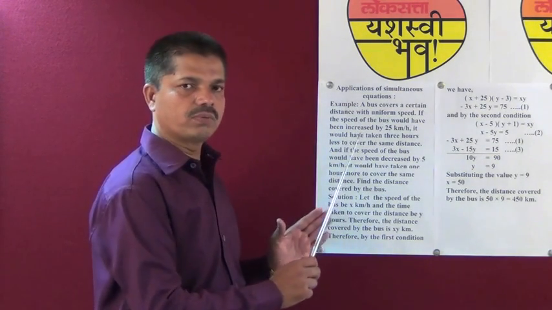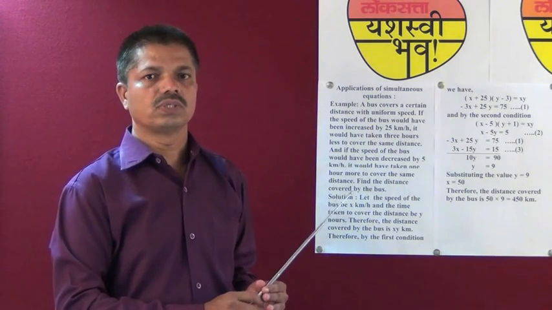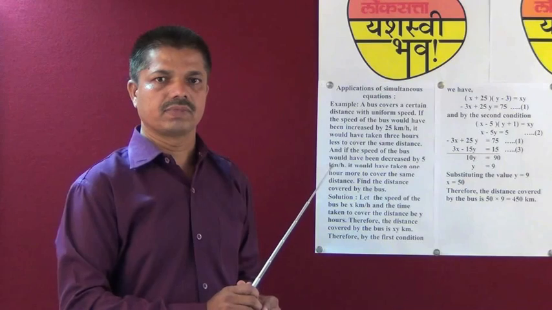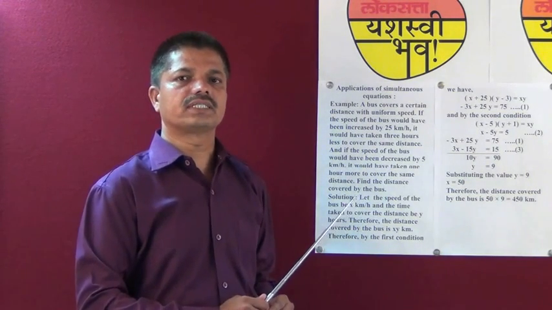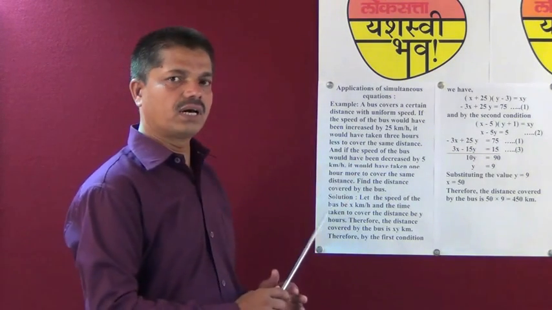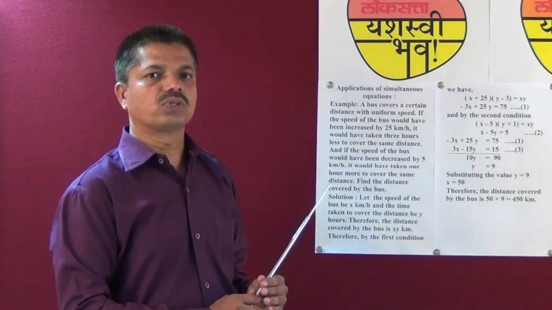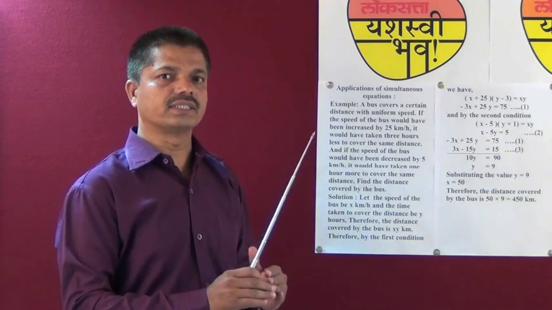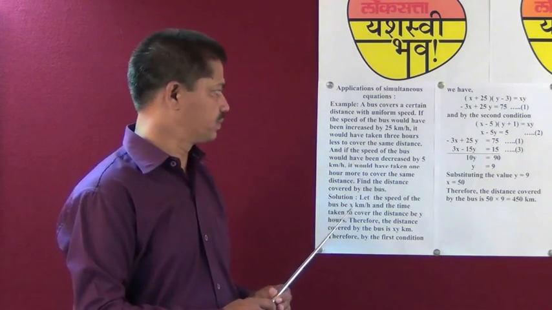Once you read the whole problem, you will get an idea that this problem is related to speed, distance and time. You already know the formula. Speed is equal to distance upon time. Here the distance remains the same. Now we are going to make parts of this word problem so that you will arrive at two conditions and you will get two equations which will be solved afterwards.